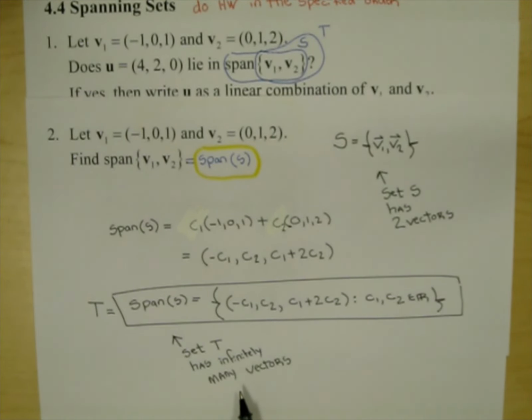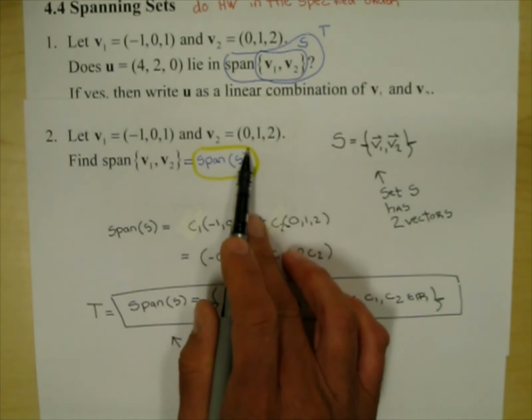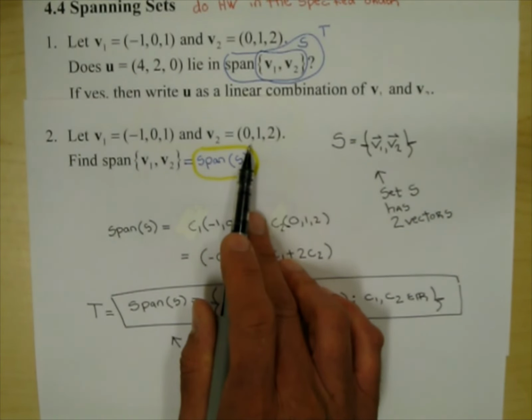These vectors all lie on a plane in R3 going through the origin. In fact, you can find the equation of the plane by doing a cross product of these two vectors. And I think the plane is like x minus 2y plus z equals 0. That plane in R3 is a subspace of R3.